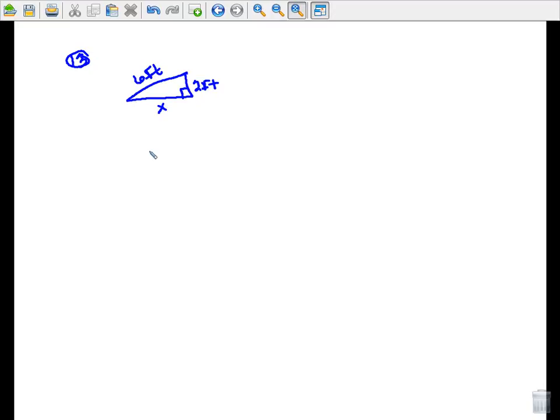It's tempting to try to look at it and make it something else, but Pythagorean's always worked, pretty nice. Let's do it. So, 2 squared plus x squared, or whatever. If you label it with ABC, that's fine too. Equals 6 squared.